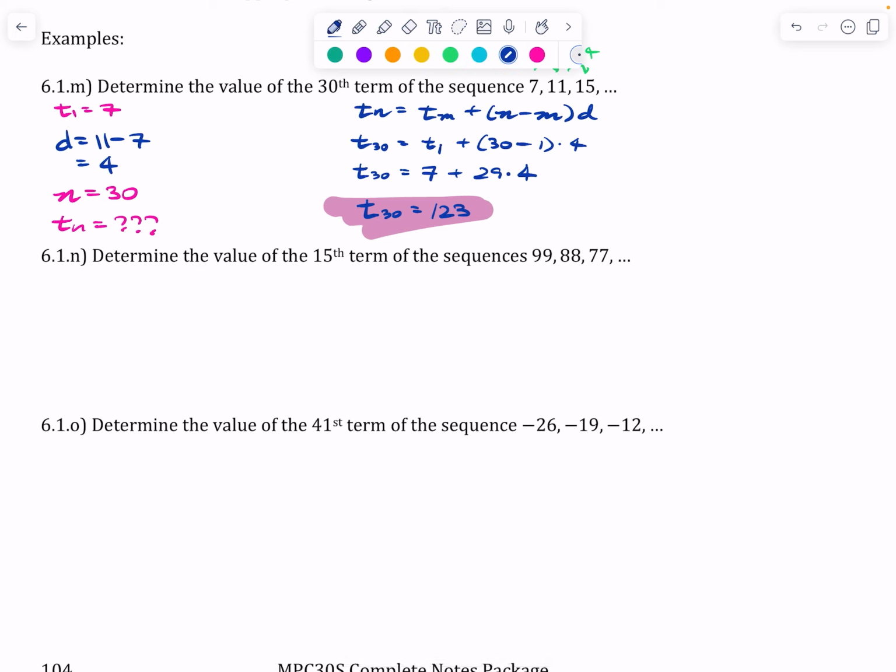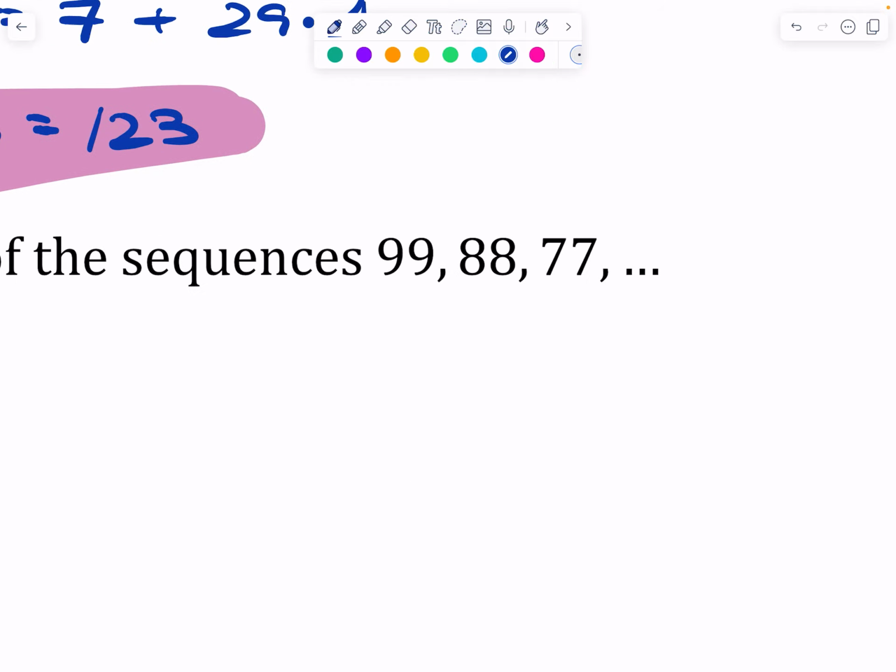The difference is 88 minus 99, which is negative 11. So in the phrasing of this, we've phrased arithmetic sequences as saying we're adding something to each term. And we can still phrase it that way. We can say we're adding negative 11, and then again, adding negative 11.